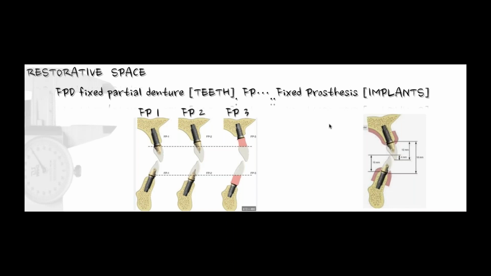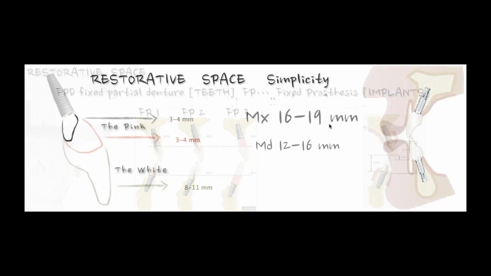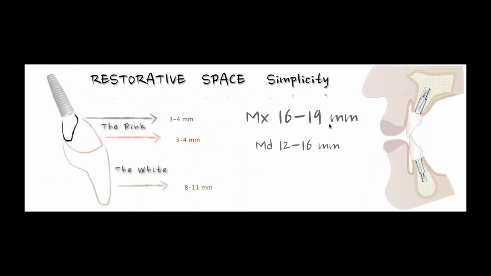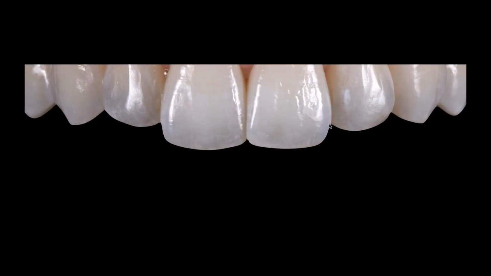Am I just restoring the white? Am I restoring the white and I have to worry about where the pink is? Or am I restoring the white and pink? I want to think through all of those aspects, and that's the difference between FP1, 2, and 3. In most cases, I'm just restoring the white. But there are some cases, like the case I showed in that last webinar, that I thought was a really important one. So let me briefly explain this, and then we'll finalize where we're going here.